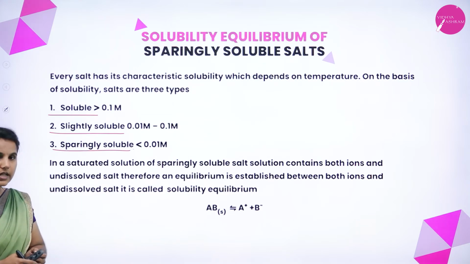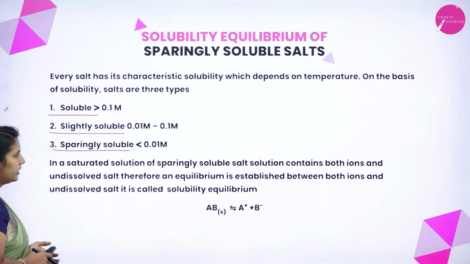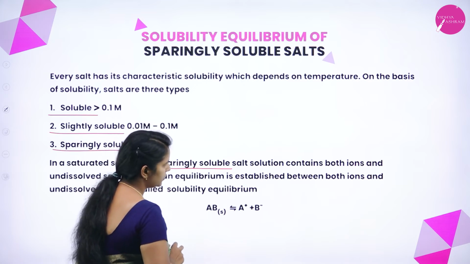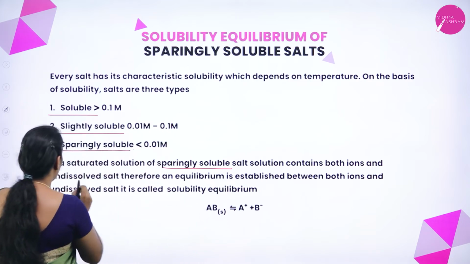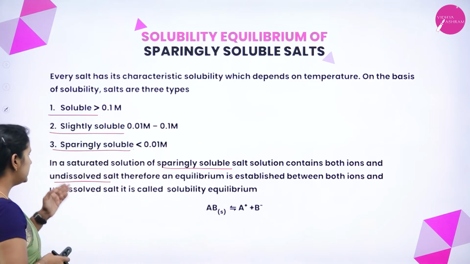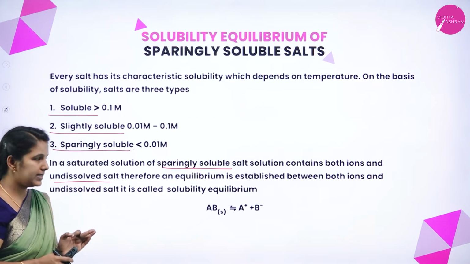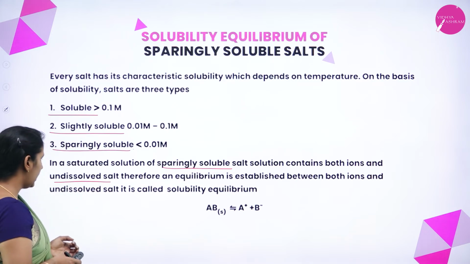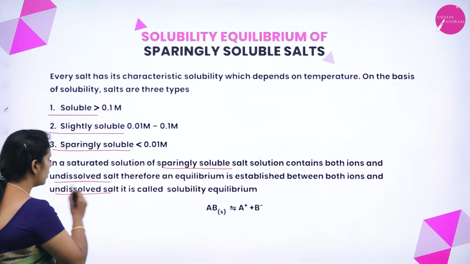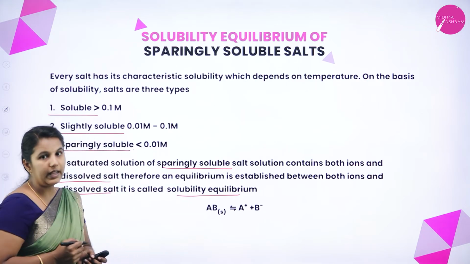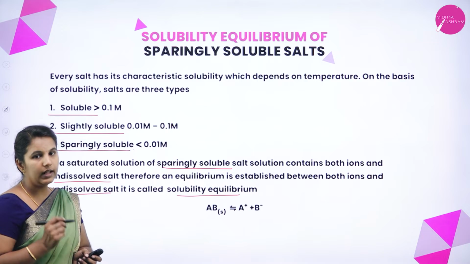Now, in a saturated solution of a sparingly soluble salt, the solution contains both the ions and the undissolved salt. Therefore, an equilibrium will be established between the ions and the undissolved salt. That is called what?